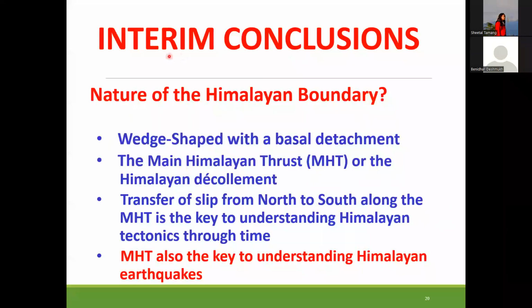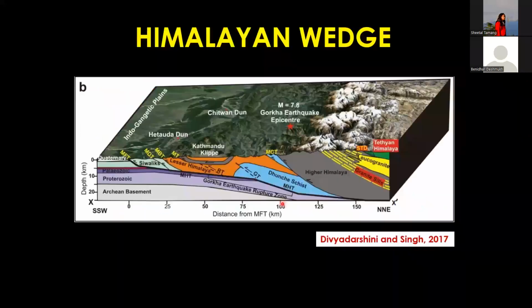So then, to answer the question, what is the nature of the Himalayan boundary? Okay, it's wedge-shaped with the basal detachment, which is also called the Himalayan decollement, and that's actually known as the main Himalayan thrust. And the transfer of slip. Okay, so basically here slip gets transferred all the way from back. So there is translation along this fault.